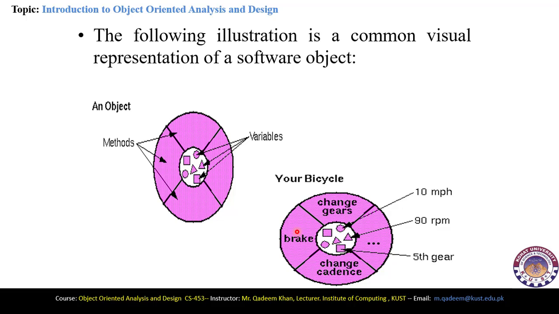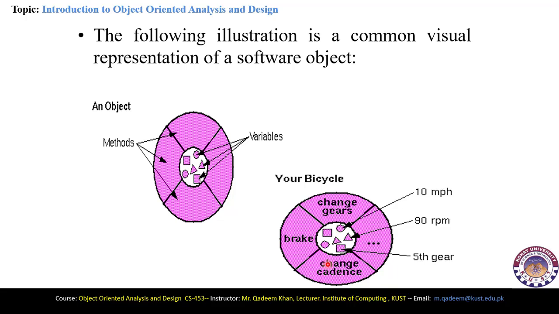And the bicycle can also use different gears to stop. So brake is, in fact, the behavior or the method of the bicycle object. Also, the bicycle has the change cadence behavior or function.